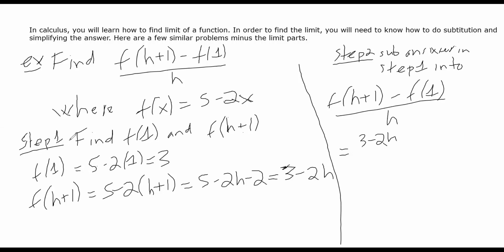Just do the substitution here. Minus, what is f of 1? 3. Now sub it in, over h. You will see that 3 minus 3 is gone. Now what we have is negative 2h over h, and get rid of this one. The result here is negative 2.